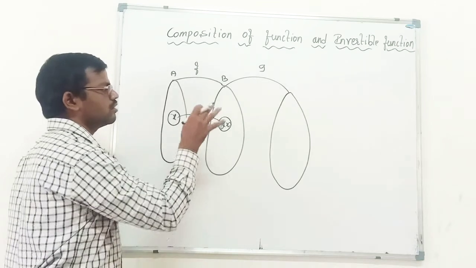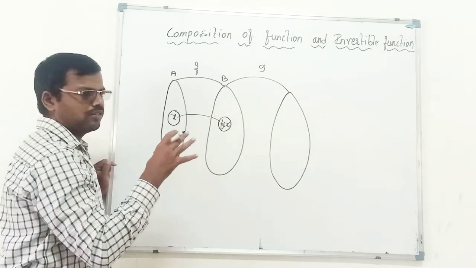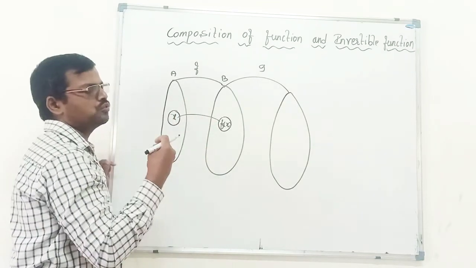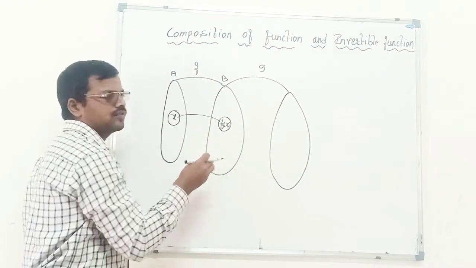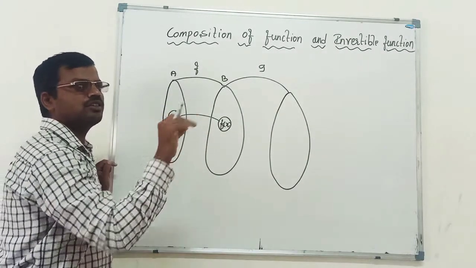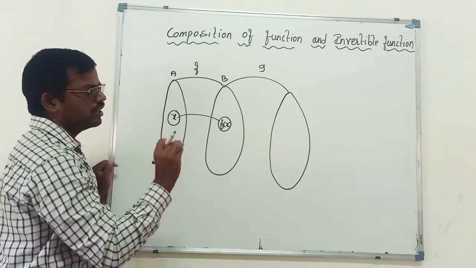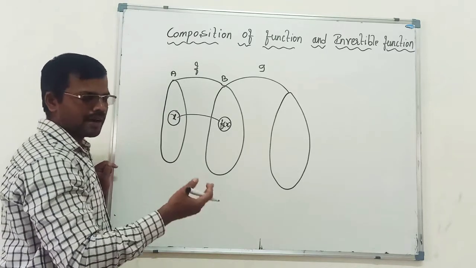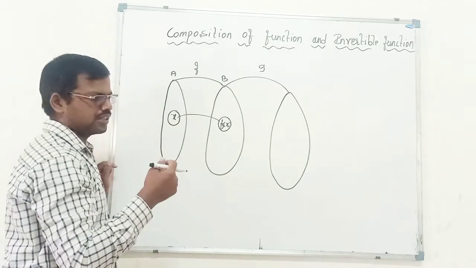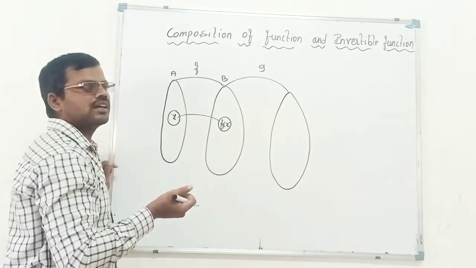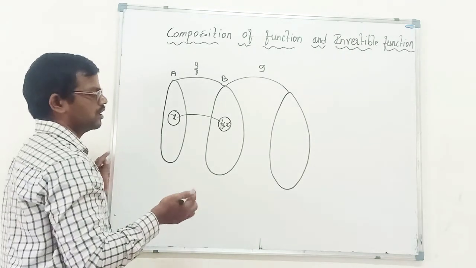Similarly here, whenever we compose two functions, the codomain of the first function should be the same as the domain of the second function, then only it is possible to compose it. That is the composition of the two functions.